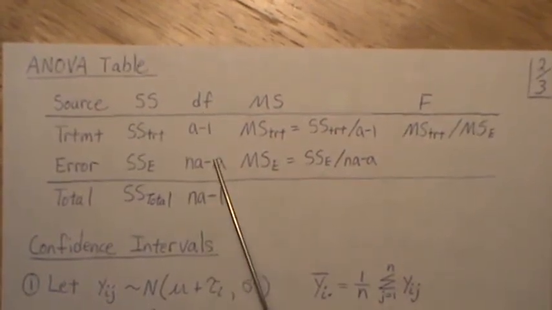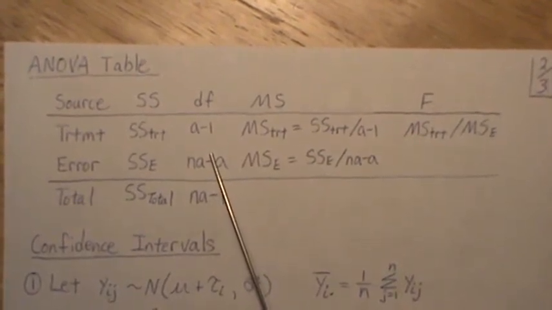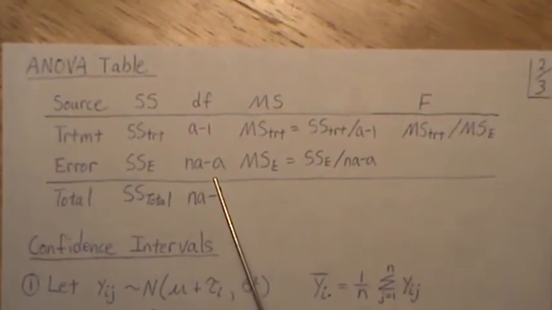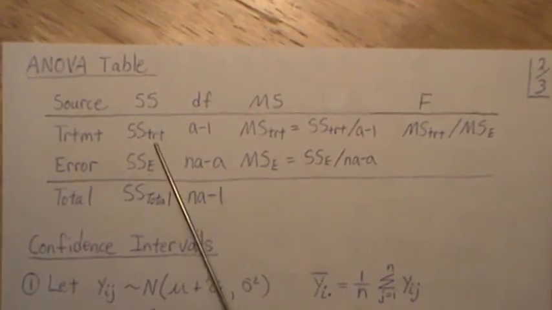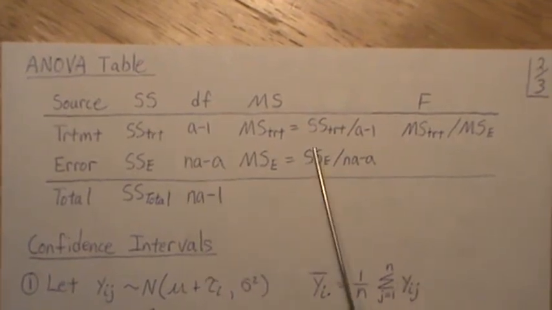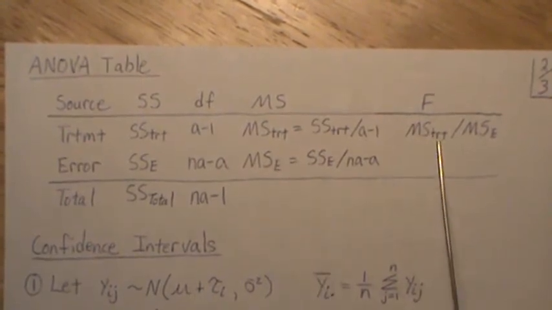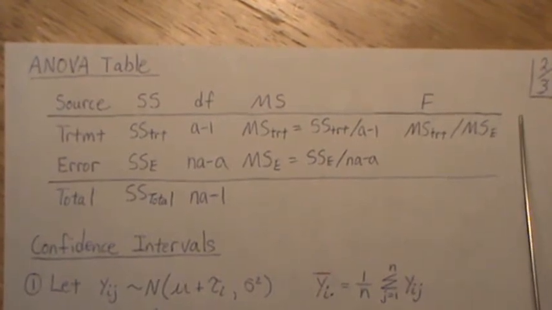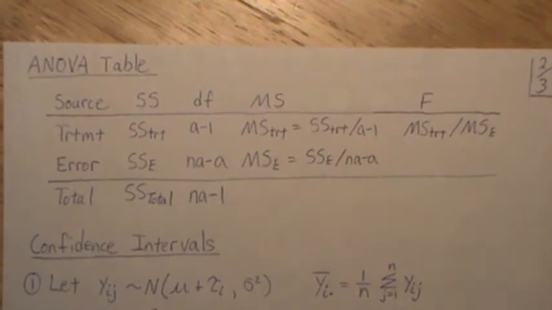Most think the degrees of freedom have something to do with the number of independent parameters, that's a great rule of thumb, but it's really the rank of the matrix in the quadratic form. The mean square is just the sum of squares divided by the degrees of freedom, and then the F test statistic is the ratio of those two. And some will put a p-value out here too associated with this F test statistic.